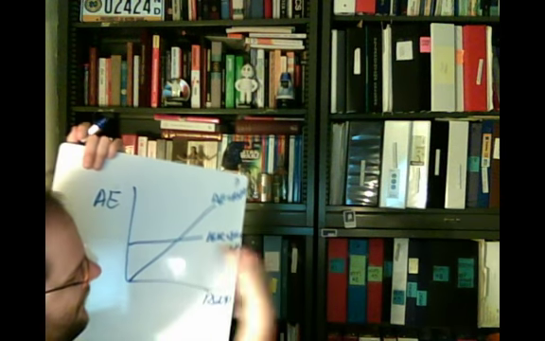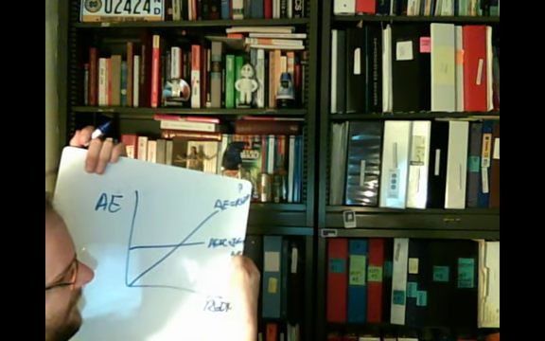Okay, with that, I'm just going to clean this up a little bit. Let's go back to our original graph from part 1. My AE equals real GDP, and my AE curve equals C plus I plus G plus NX.